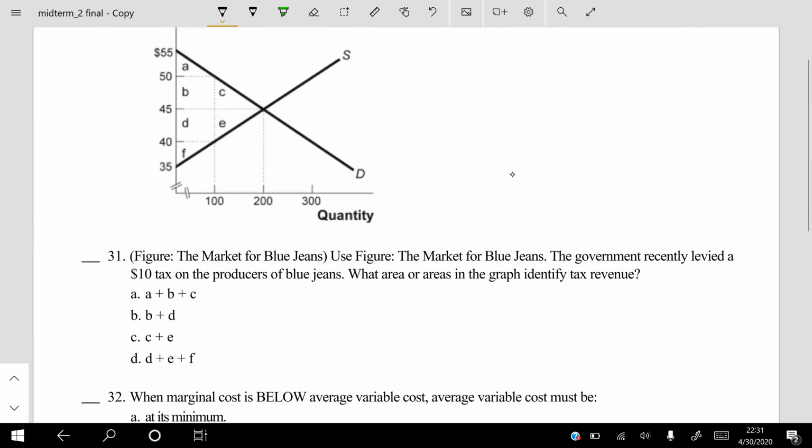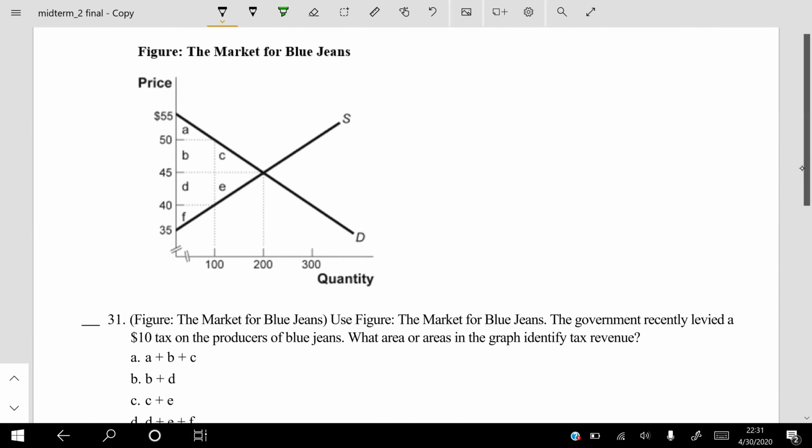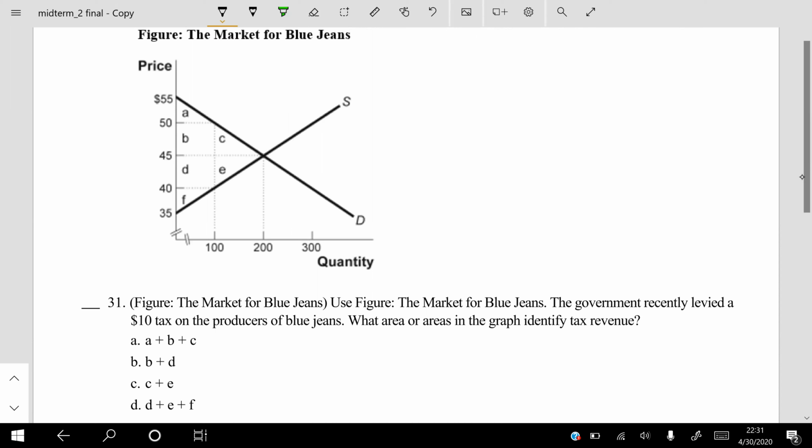Don't worry, we're almost done. The market for blue jeans figure is what we want to consider now. The government recently levied a $10 tax on producers of blue jeans. What area or areas in the graph identify the tax revenue? So let's see what's going on here.